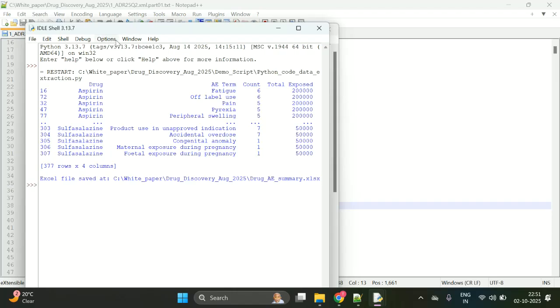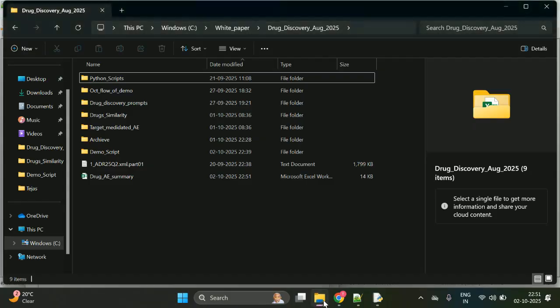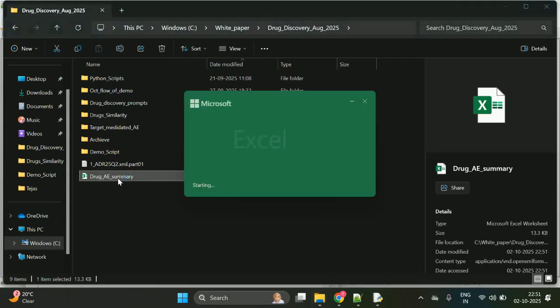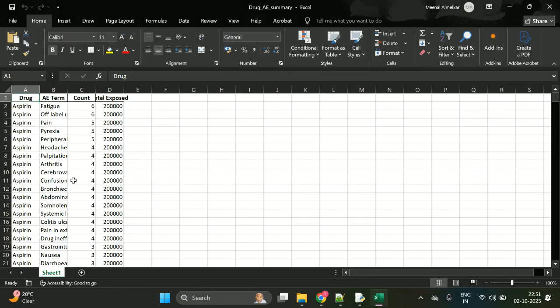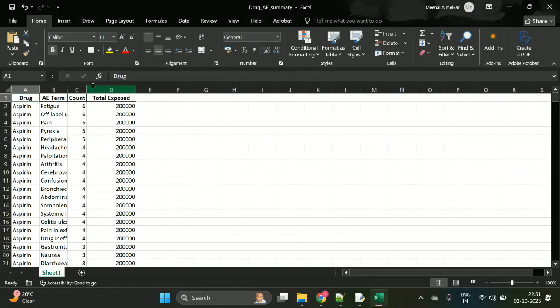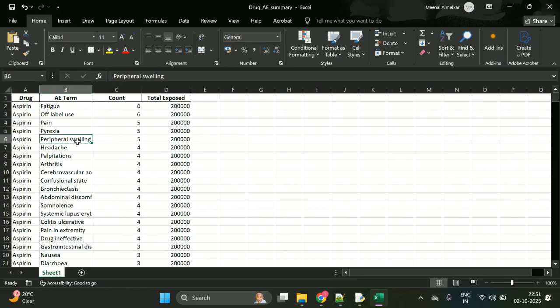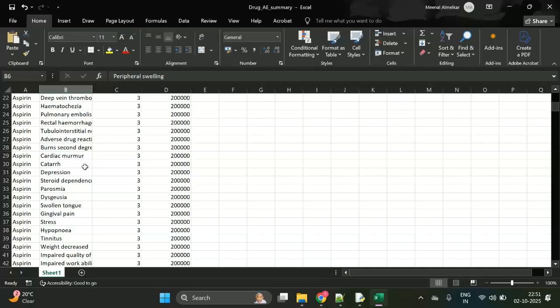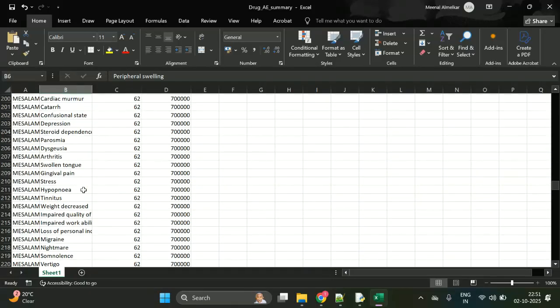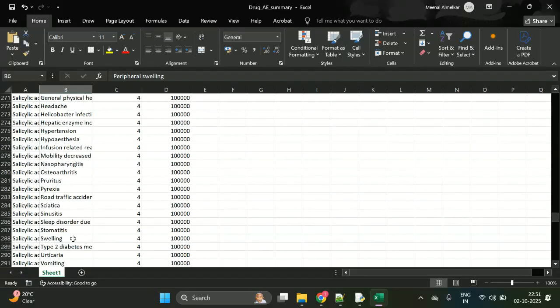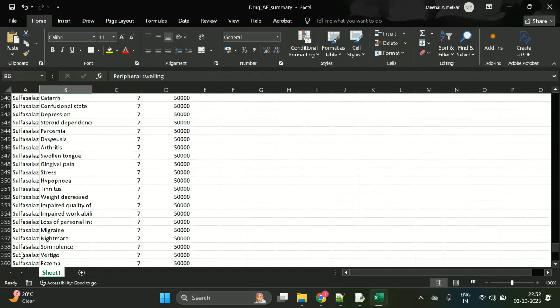The focus of this demo is on 4 drugs: aspirin, sulfasalazine, salicylic acid, and mesalamine. The Excel file is created. As we see here, the drugs and the corresponding AE terms are clearly documented. We have aspirin, mesalamine, salicylic acid, and finally sulfasalazine. The Python code used here is quite complex and I had to use GPT-5 to generate it.